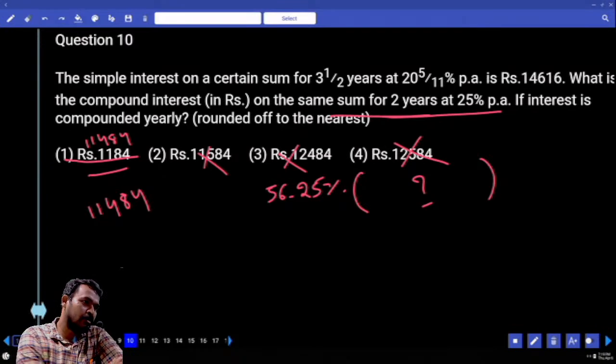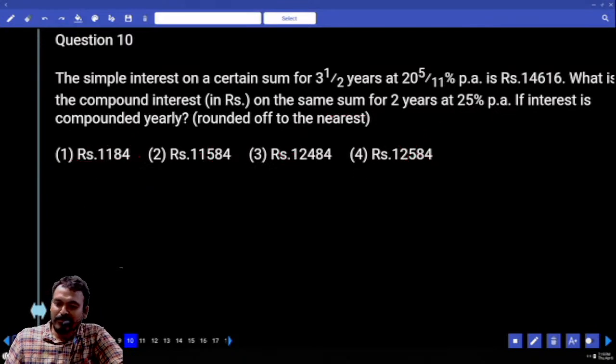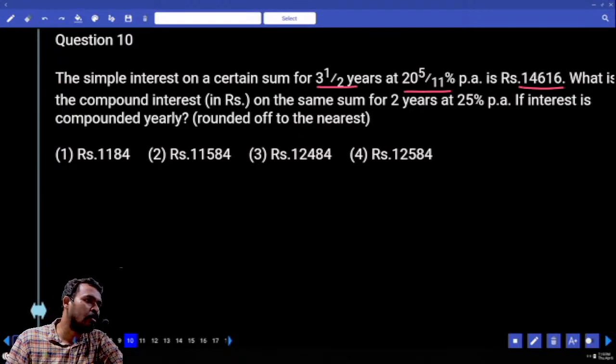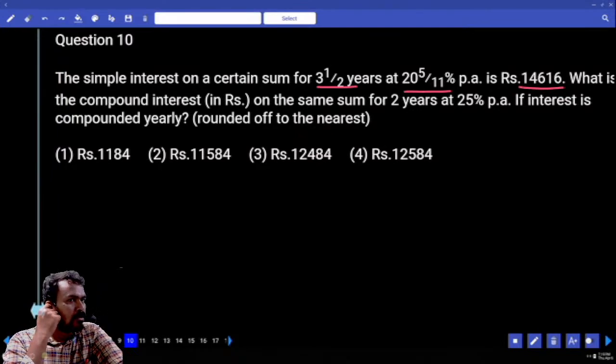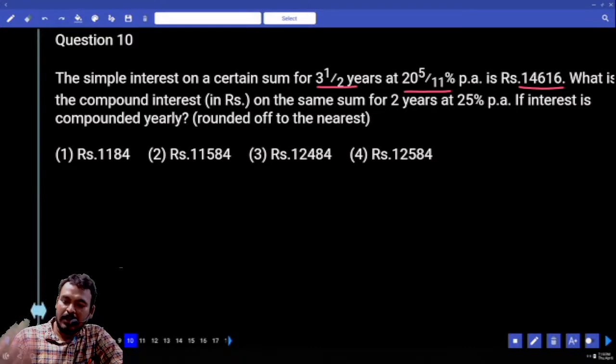If anyone needs the procedure, what time period is given? 3.5 years, simple interest case. What is the rate per annum? 25 by 11%. What interest is given? 14,616. Per annum rate 25 by 11% means 11 into 20, how much? 220 plus 5 means 225.